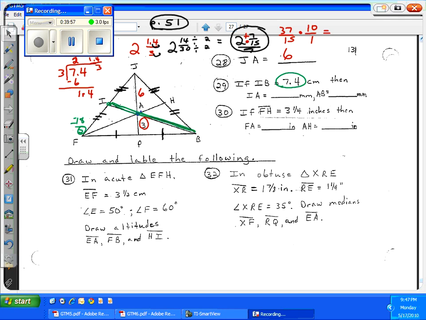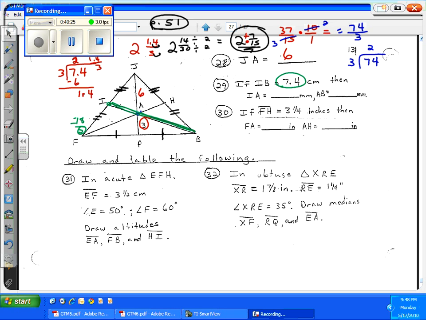To multiply it by 10, you put 10 over 1. 5 goes into 10 twice. 5 goes into 15 three times. You multiply 37 times 2 is 74. 3 times 1 is 3, so we get 74 thirds. If you want to make a mixed numeral, you would take 74 divided by 3.